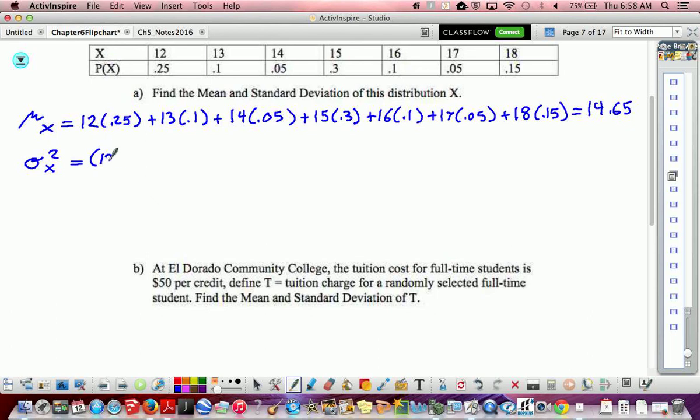So you're taking each of your scores, minusing the mean, squaring that, and timesing it by its probability. And then we do it again for each and every single data point. So this is the one that takes probably the biggest calculation that you do in this class. I'm talking for the whole term.